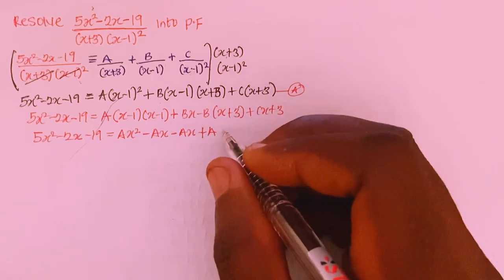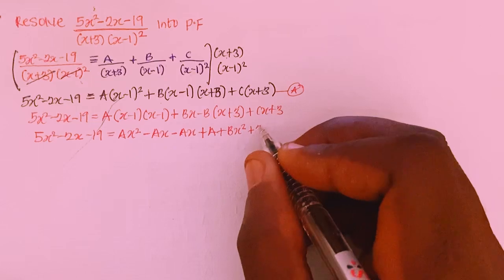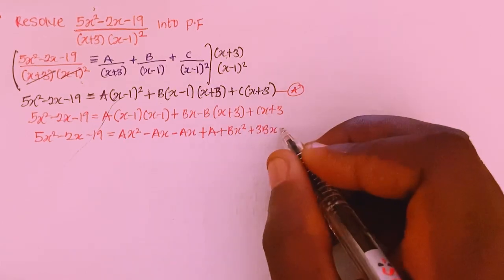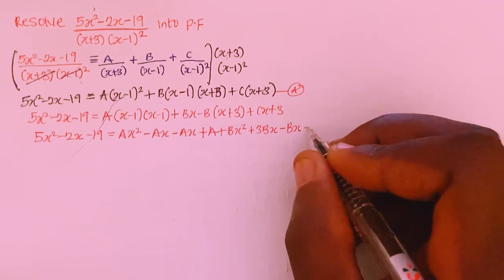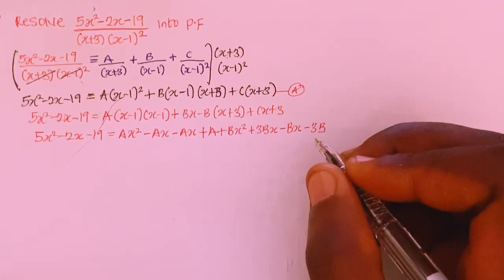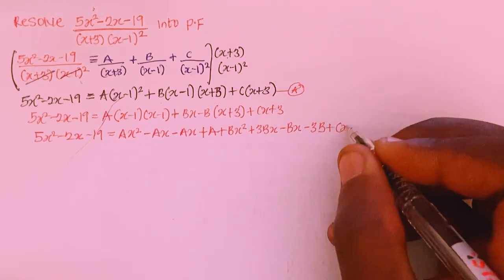Opening the bracket, I'm going to have plus Bx squared, then plus 3Bx, minus Bx, again then minus 3B, then plus Cx plus 3C.